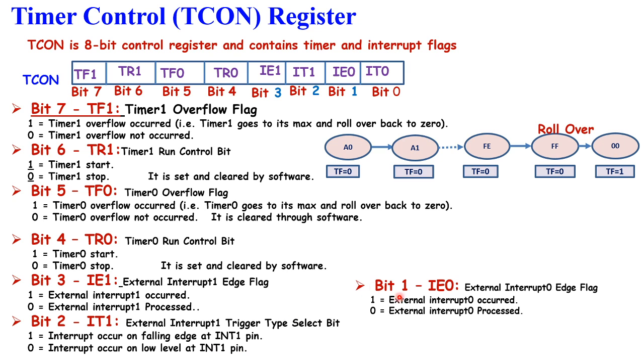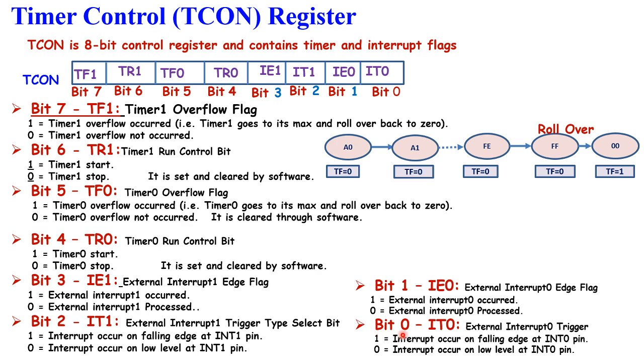Bit 1 is IE0, the external interrupt 0 edge flag: 1 means external interrupt 0 occurs, and 0 means it is processed. Similarly bit 0, IT0, is the external interrupt 0 trigger. When this bit is 1, the interrupt occurs on the falling edge of the INT0 pin, and when it is 0, the interrupt gets processed.